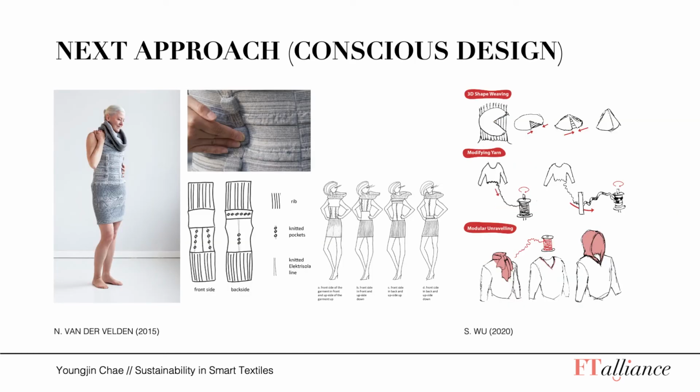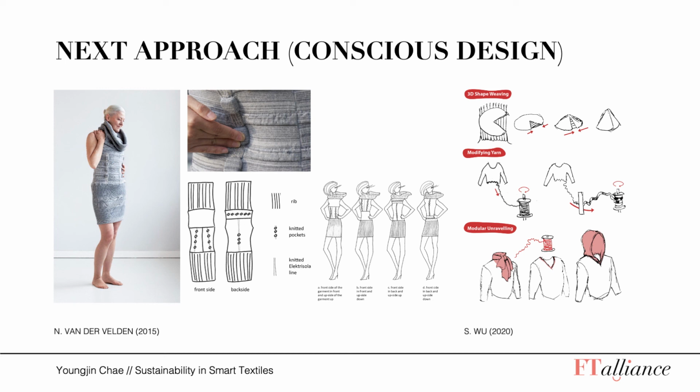Conscious design that considers a life cycle perspective and implementation of eco-design can be another approach to achieve sustainability in smart textile products. Through conscious design methods, life cycle assessment for a wearable smart textile device was suggested through the material selection and prototyping stage in 2015.